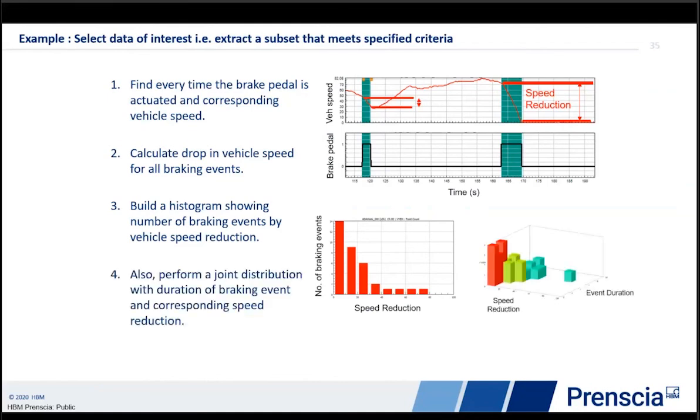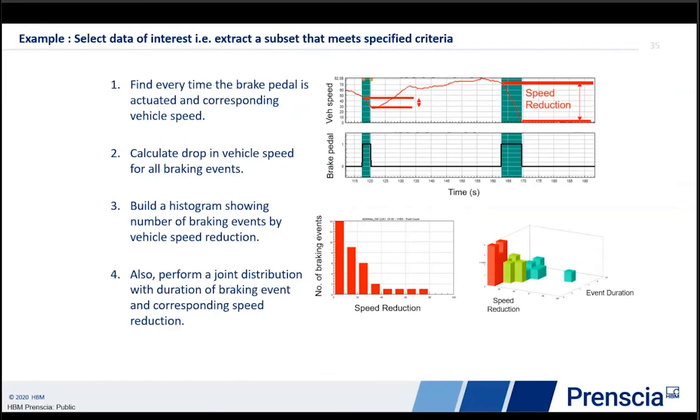And also you could perform, to use a GlyphWorks terminology, a joint distribution calculation, which is taking it to another dimension, which is not just the number of events of a certain speed reduction, but also what the actual event duration was for each one of those events, and then put that into some kind of 3D histogram. All those calculations are things that you could do, for example, using a GlyphWorks flow.